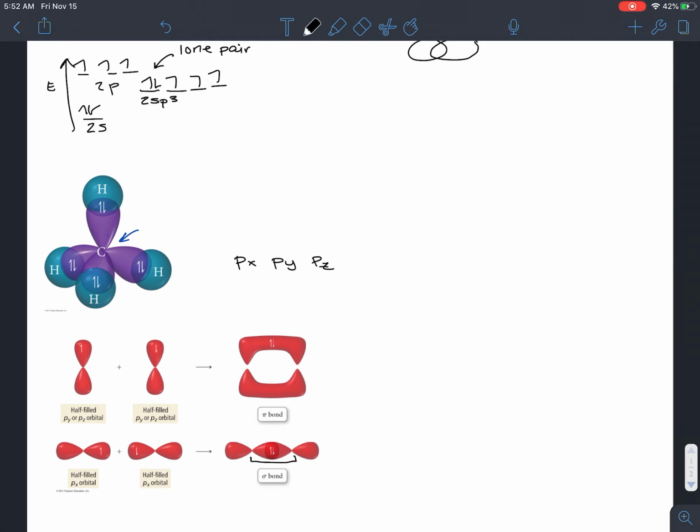And that one overlap, that head-on overlap right here, is a sigma bond. Now, for the py and the pz, because they're in and out of the plane, they will kind of combine and overlap here together to form a pi bond. Now, this will occur when you have double or triple bonds.